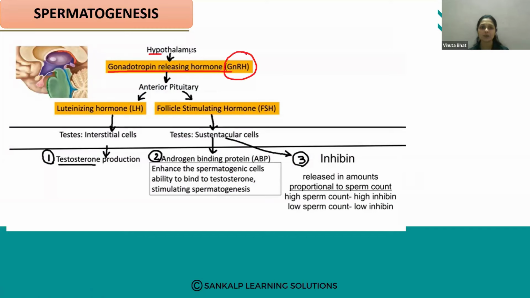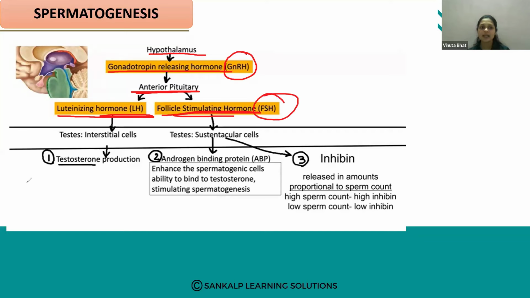This GnRH stimulates the anterior pituitary, and the pituitary gland releases the luteinizing hormone, that is LH, and the follicle stimulating hormone, that is FSH.